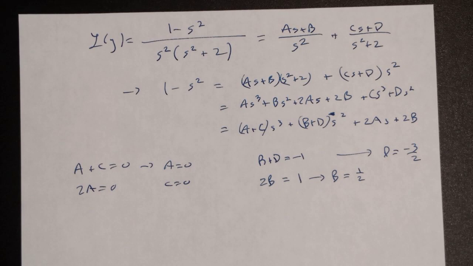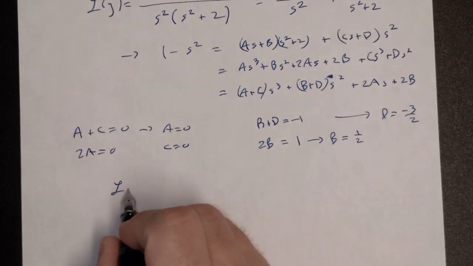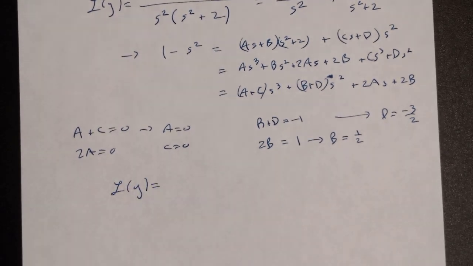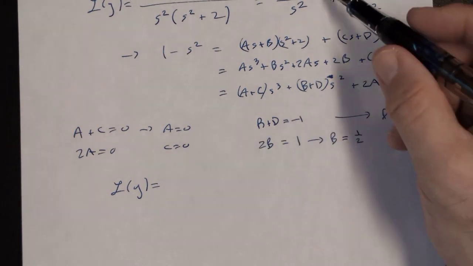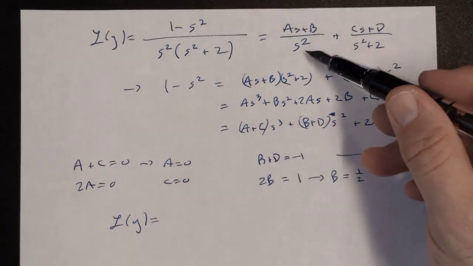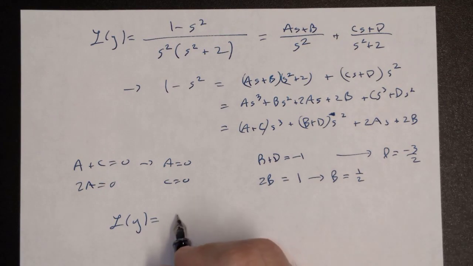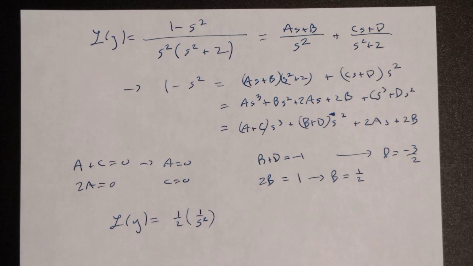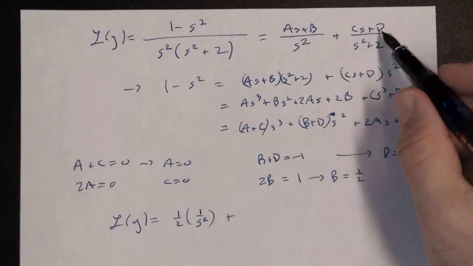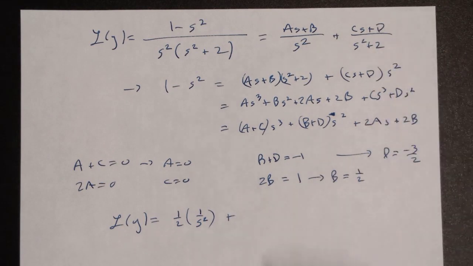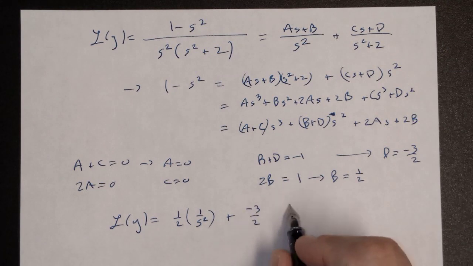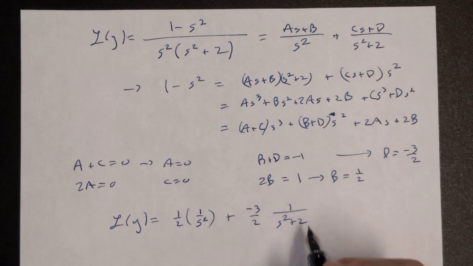Which means the Laplace transform of y is b over s squared. I'm going to write that like this: 1/2 times 1 over s squared, plus c is 0, d over s: -3/2 times 1 over s squared plus 2.